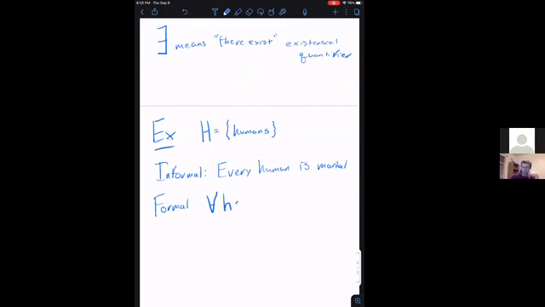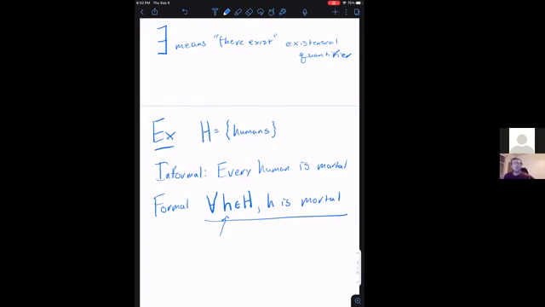So for all H in my set, so that means for every human being, H is mortal. This is the formal way of writing it, because this says, look at an element in my set, that element is mortal for every element in my set. I know it's kind of a weird example, but that's fine.